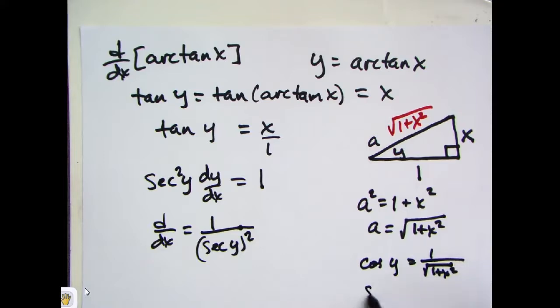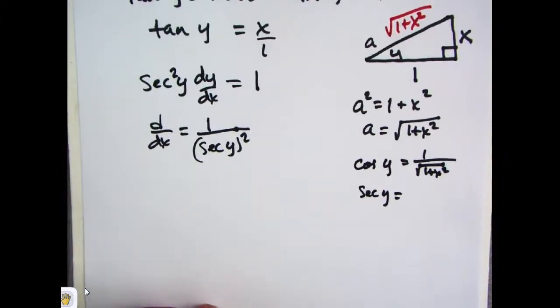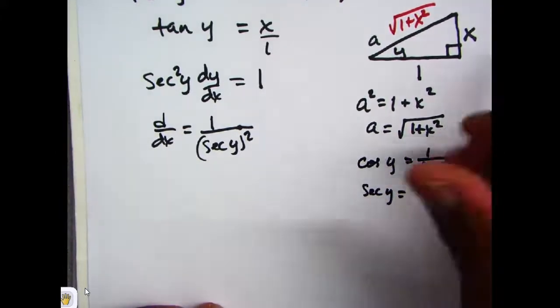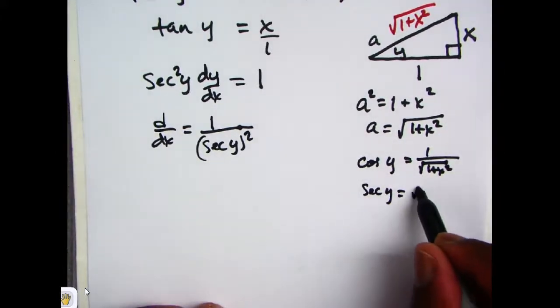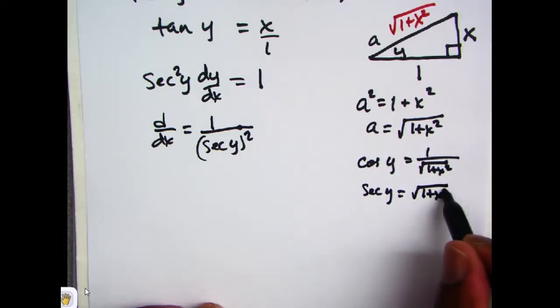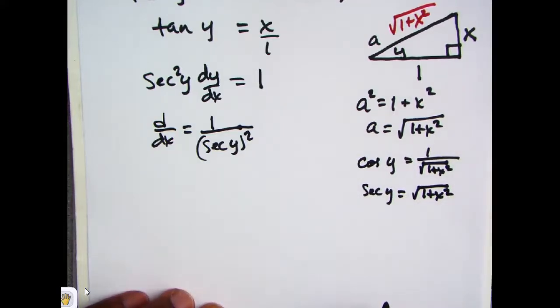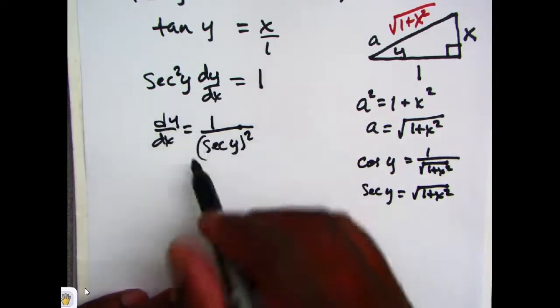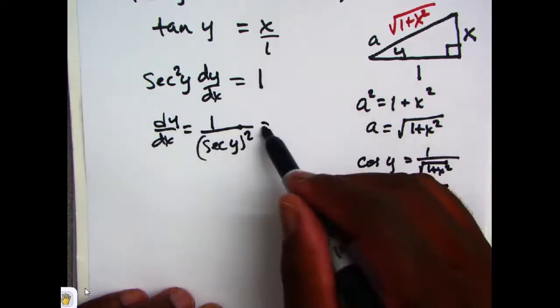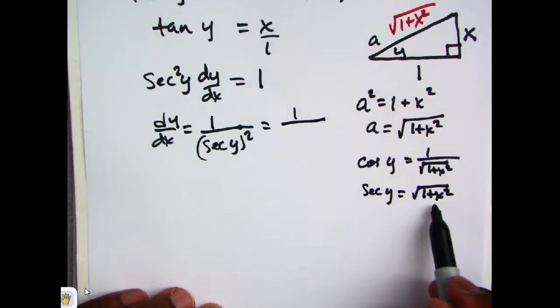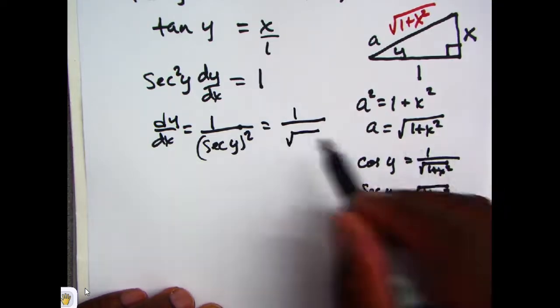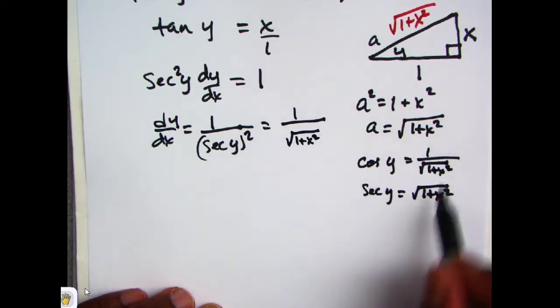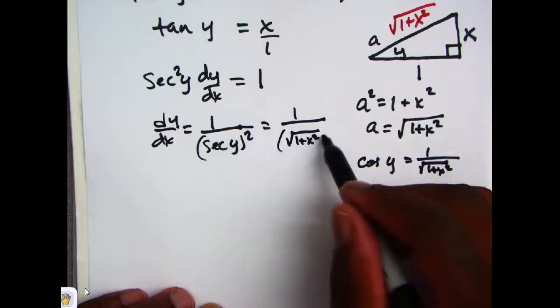So that means the secant of y, secant is the reciprocal of cosine, so secant of y will just be the square root of 1 plus x squared. So then dy/dx, 1 over secant squared, that's going to be 1 over the square root of 1 plus x squared, but we have secant squared, so we're going to square that.